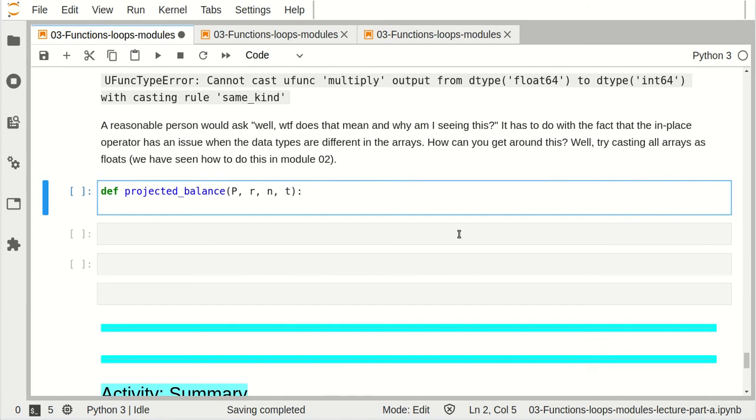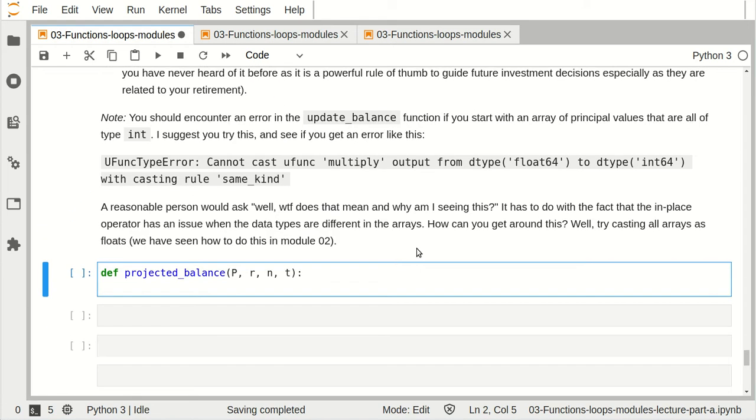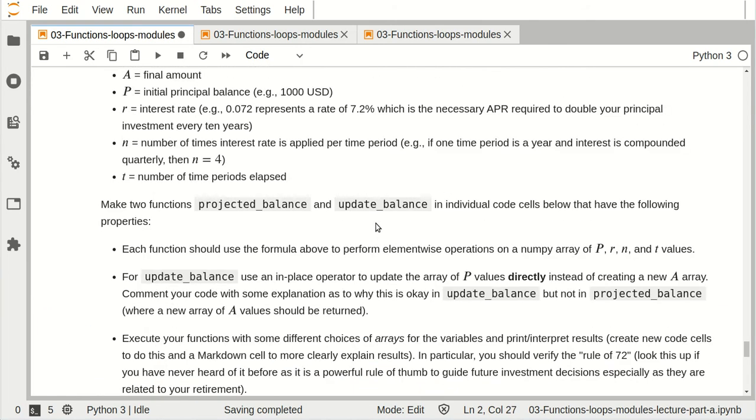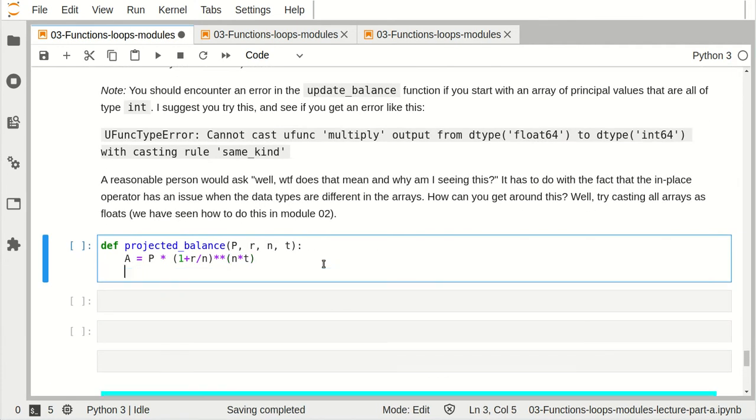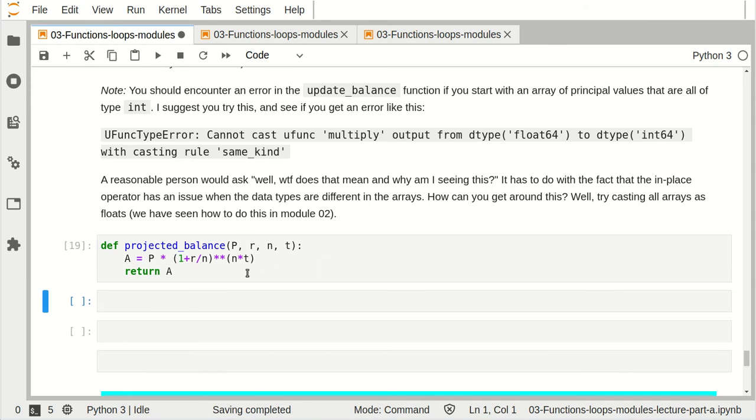The simplest way to do this, by the way, I'll do it two ways. It might seem like you need to do this: A is equal to P times (1 plus R divided by N) raised to the N times T power. That computes A. That's exactly this formula, right? Now, I want to return A. That will define the function and it will be just fine.